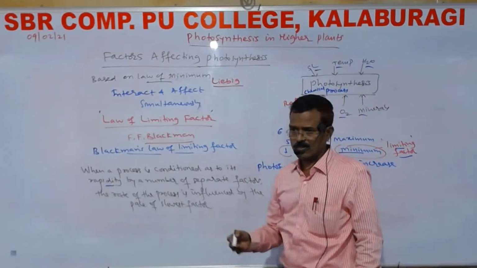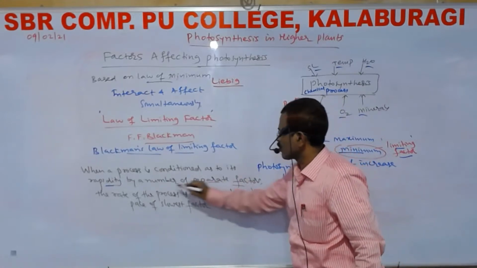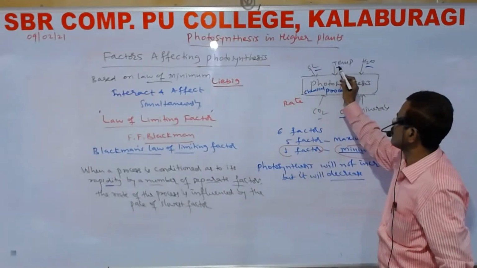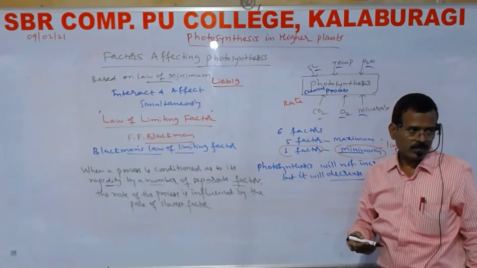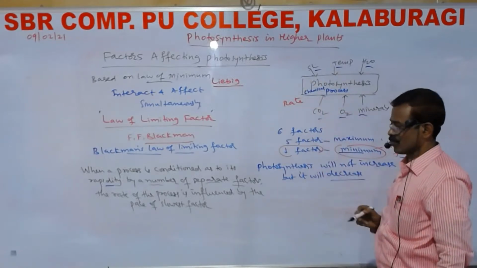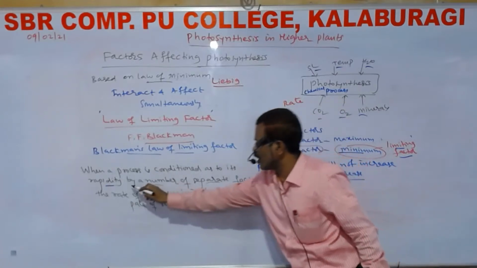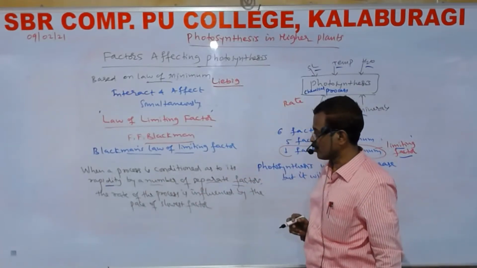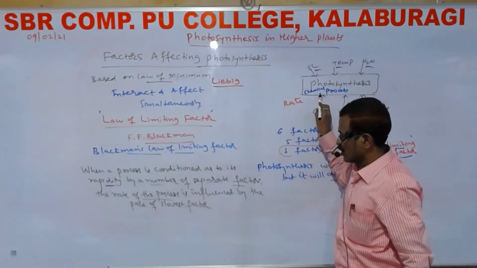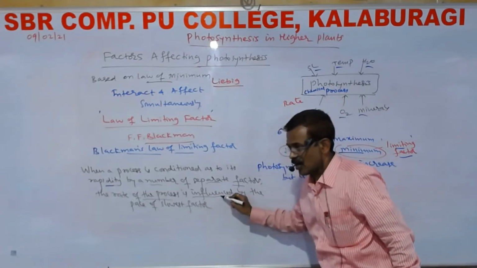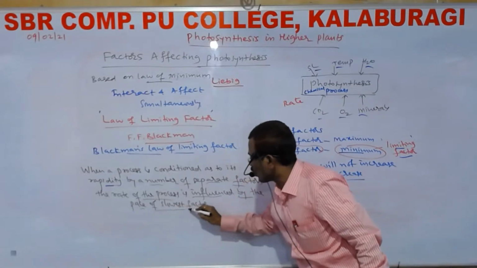It is influenced, affected, regulated by a number of separate factors: sunlight, temperature, carbon dioxide, water, oxygen, mineral nutrients, etc. The rate of photosynthesis is determined by the pace of the slowest factor.